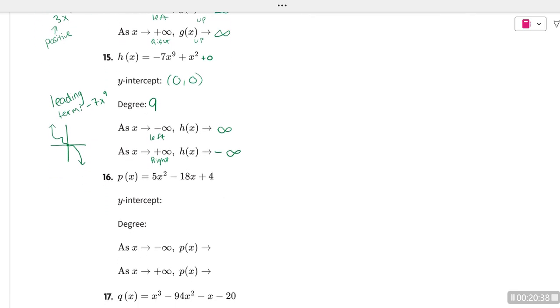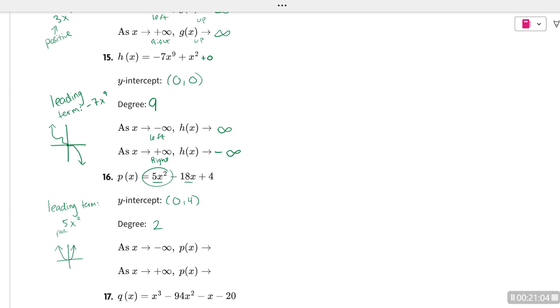So there's our end behavior. Okay, so question 16. Our y-intercept, we notice that we have our x terms. Those are going to go to 0. So our y-intercept is 0, 4. Our degree is 2. So since our leading term is 5x squared, so it's positive, we're going to end upward.